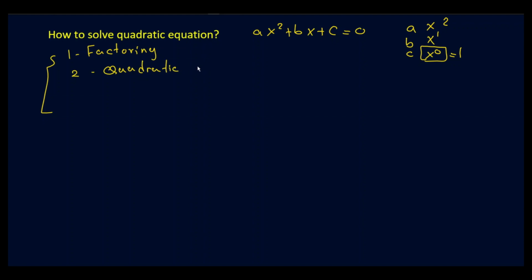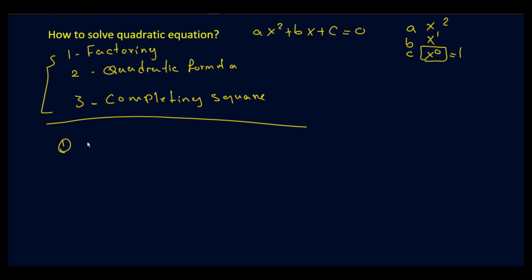And the quadratic formula, something you need to memorize a little bit, but once you get used to it, you will find yourself solving any quadratic equation with the quadratic formula. And number 3 is completing the square. Completing the square is a very systematic method. Anyone can use it, okay? We're gonna start with the factoring.